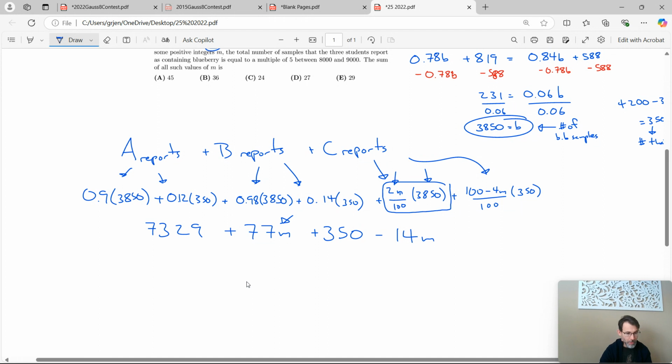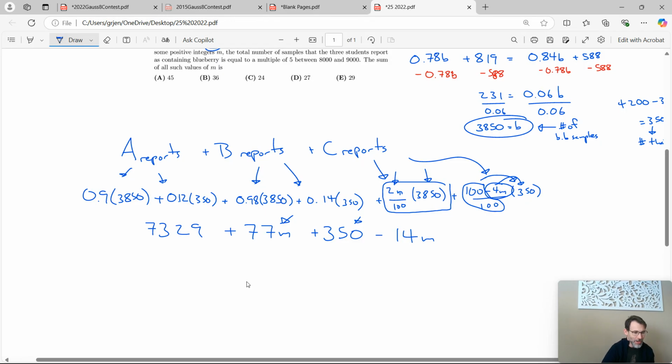And then this one here, this is 100% minus 4m. So this is the times that they incorrectly report blueberry. So we have to factor that into C's reports. So that's going to be 350 minus 4 times that divided by 100 is 14. Okay, so in other words, 350 divided by 25.